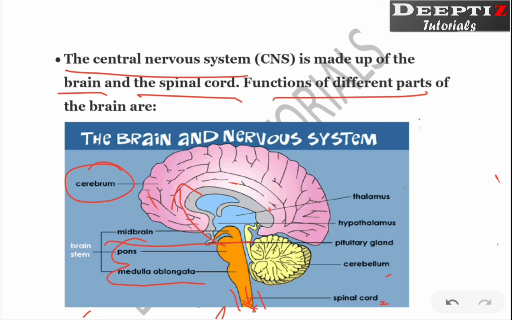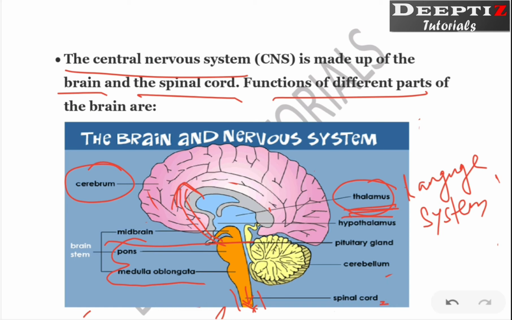Now this thalamus is also connected with the language system. Thalamus also receives the message in the form of signal, and it is given to the cerebrum.